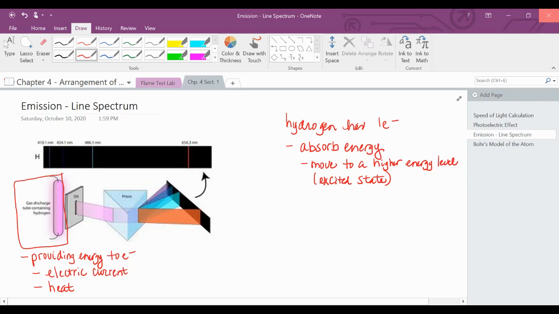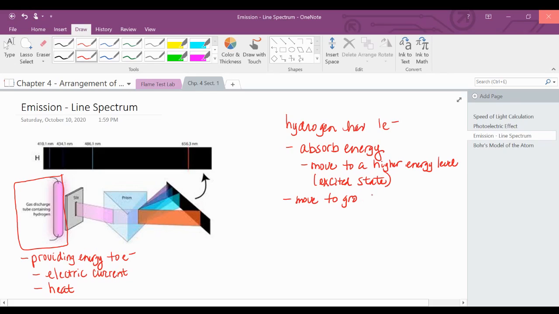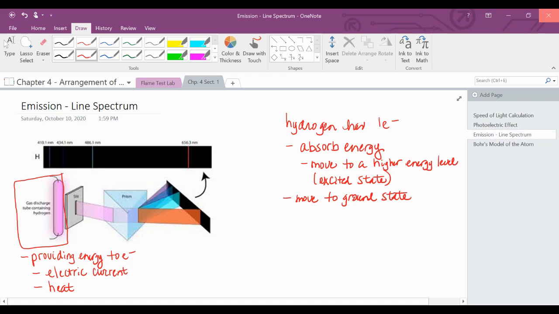Now, this excited state is unstable, so electrons cannot stay there. So they then move back to their ground state. And their ground state would be the original energy level that electron was located in.